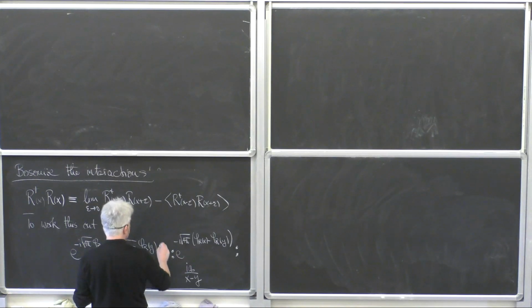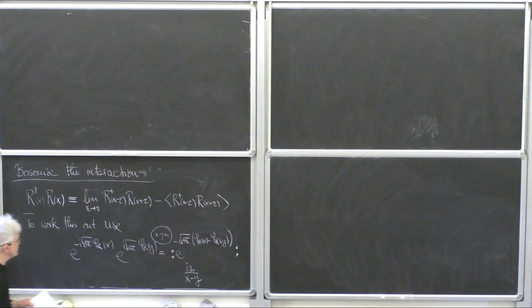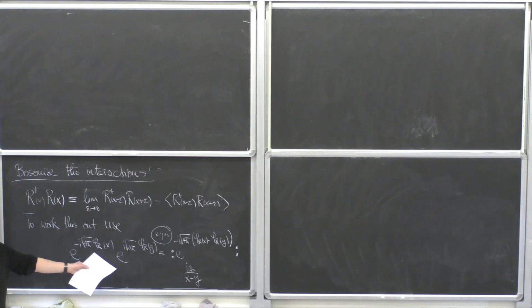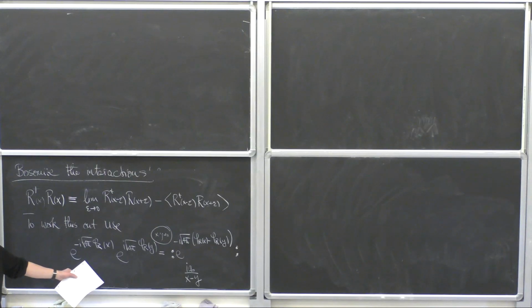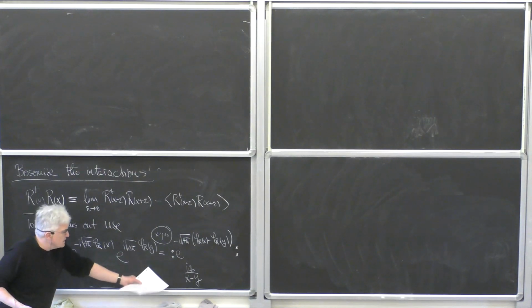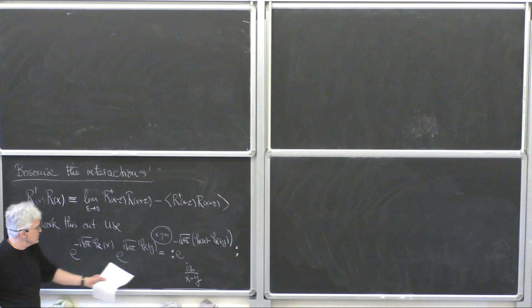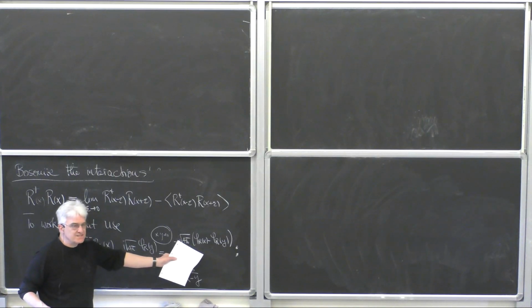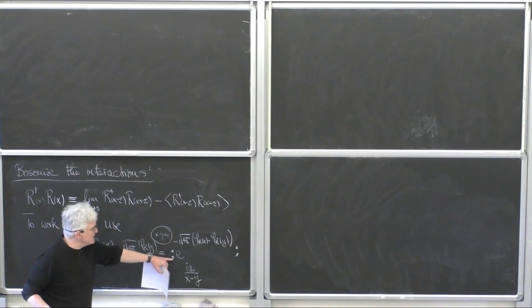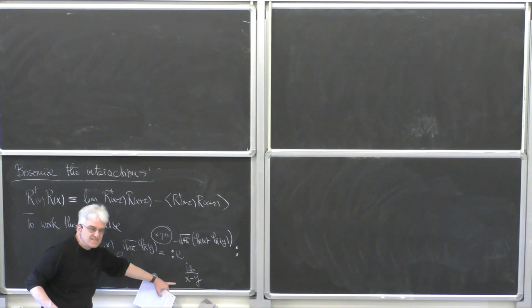We're interested in the limit x minus y goes to 0. How to multiply vertex operators I showed you before. Now I just use that identity that we derived for the free boson in precisely this form. I multiply the vertex operators on the right-hand side, now I get another vertex operator, I normal order that, so I get an extra factor. This we discussed before.